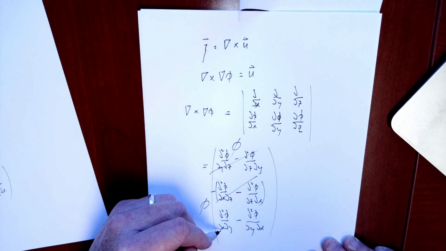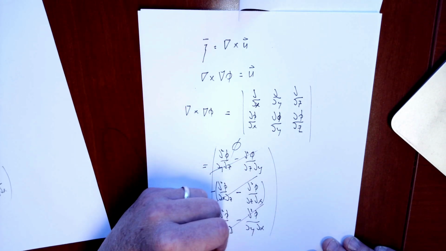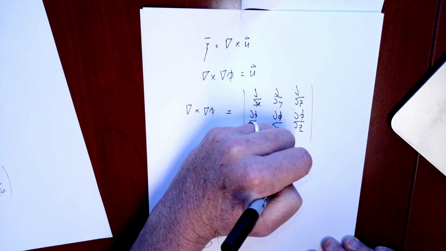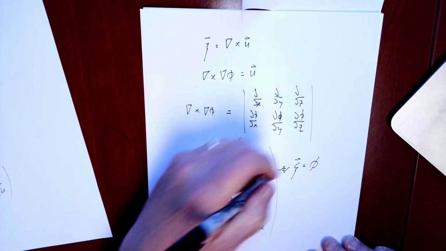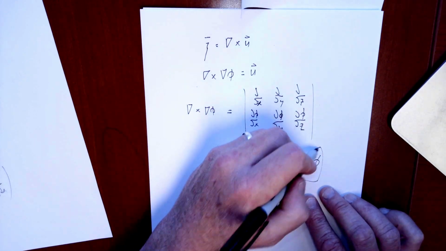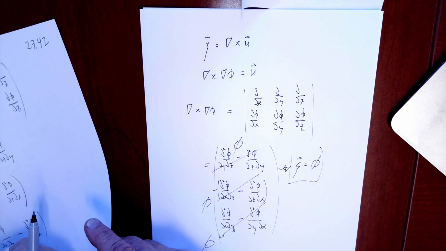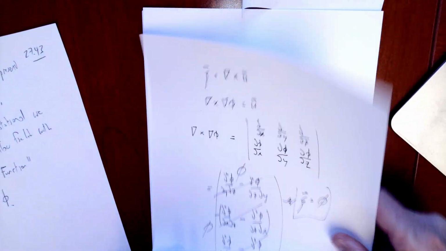The second derivative dx dy minus the second derivative dy dx, smooth continuous function, that's also 0. So the vorticity for that case is equal to 0. So it always has 0 vorticity if you have a function that is able to represent your velocity field by means of the gradient.